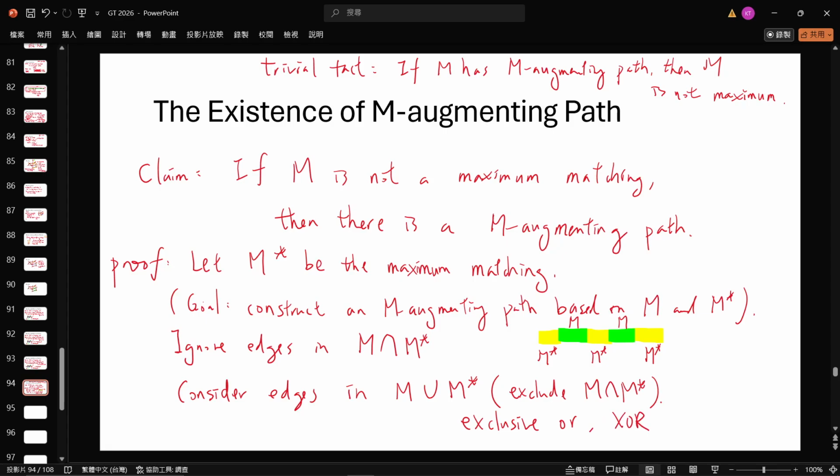Okay. So the exclusive OR of two sets is just the union minus the intersection. Okay, so here we just consider the exclusive OR of M and M star.